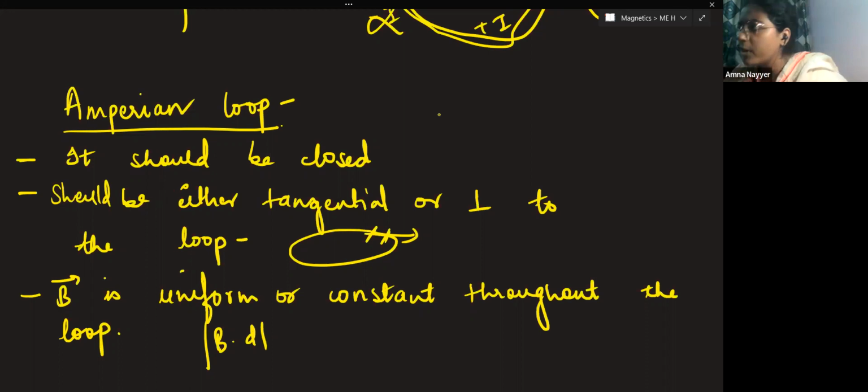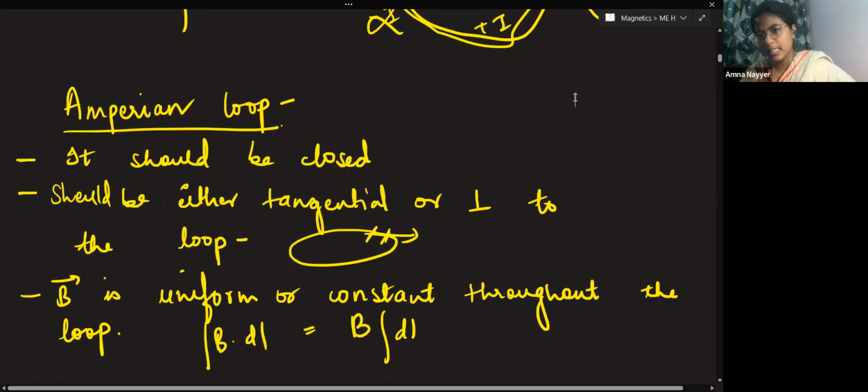Somewhere we had to write 2 pi r, somewhere pi r. If your magnetic field is also variable, then it will be a cumbersome process. If your magnetic field is constant, we put the constant out of the integral. So you can write the magnetic field outside and then integrate. That's why we choose the Amperian loop like this.